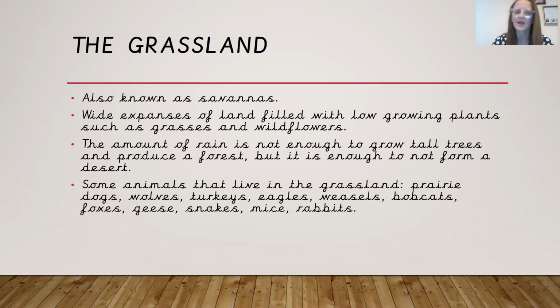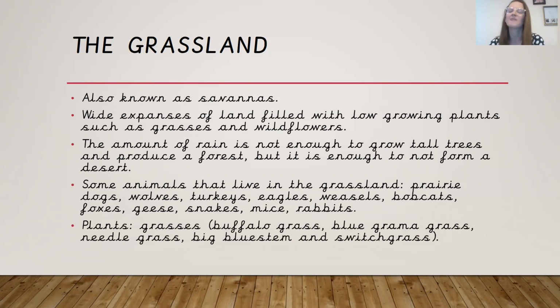Some animals that live in the grasslands include prairie dogs, wolves, turkeys, eagles, weasels, bobcats, foxes, geese, snakes, mice, and rabbits. And plants that you would find there are a lot of grasses, so buffalo grass, blue grama grass, needle grass, big blue stem grass, and switchgrass.